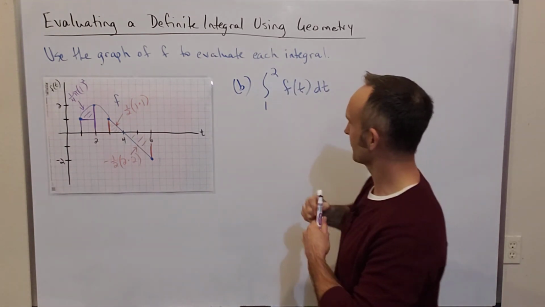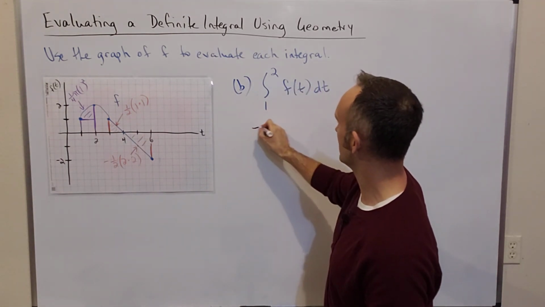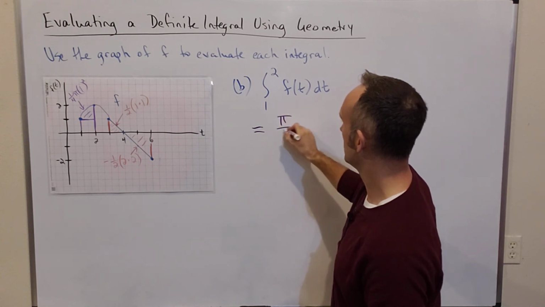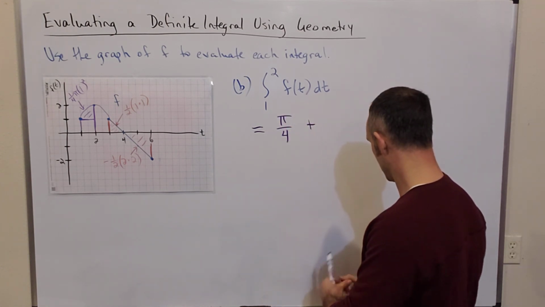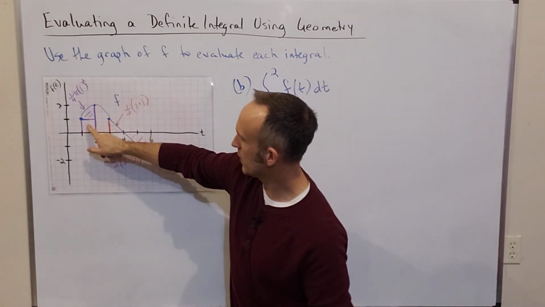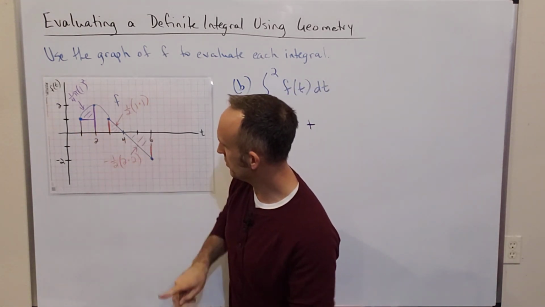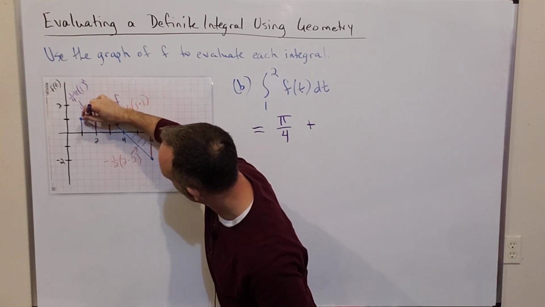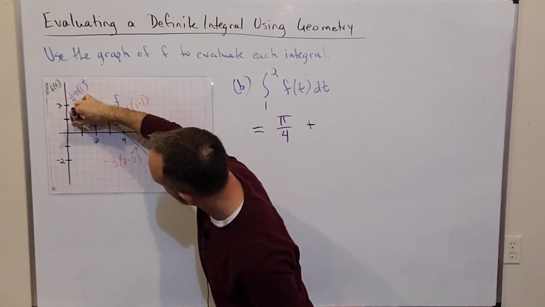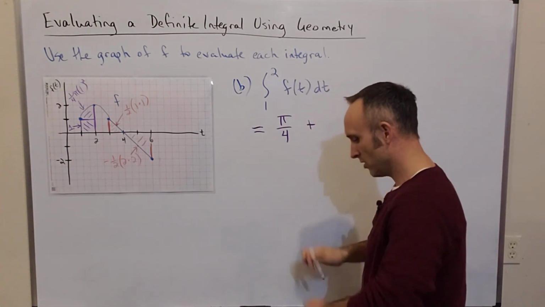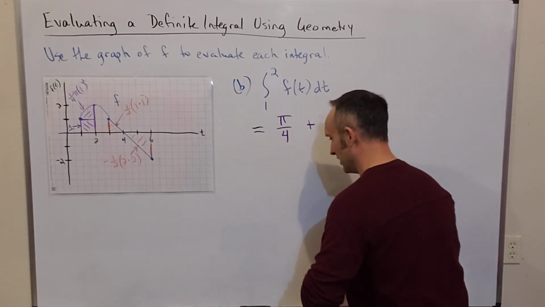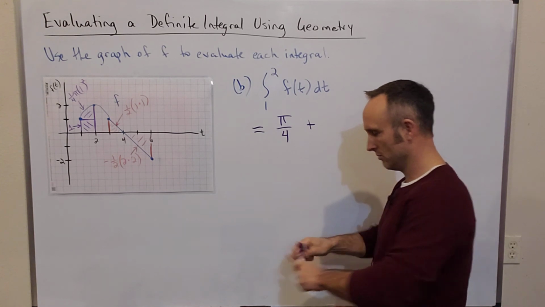That is the same thing as pi over 4. Plus, I need to add on the area of the square, which is 1 unit by 1 unit. So this area is 1.